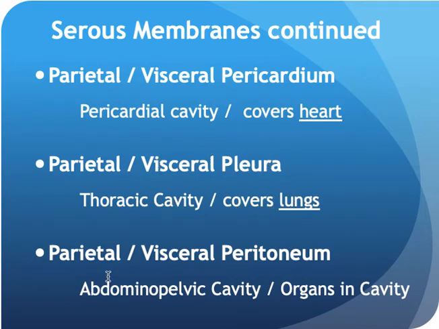Then when I move down into my abdominal pelvic cavity, I get a parietal and a visceral peritoneum. So pericardium is heart, pleura is lungs, and peritoneum is more my abdominal organs. My parietal one is going to line my abdominal pelvic cavity, and my visceral peritoneum is going to line the organs that are in that cavity. Again, just good terms, but good things that can pop up on all your multiple choice tests.